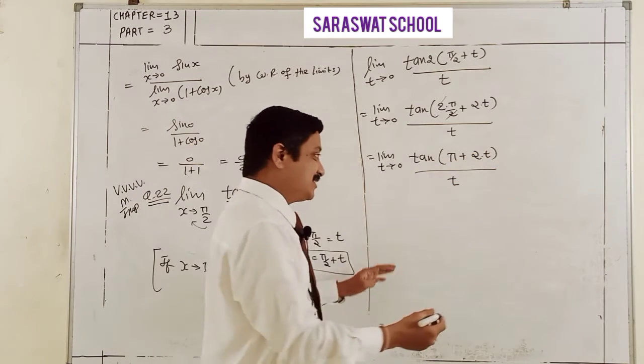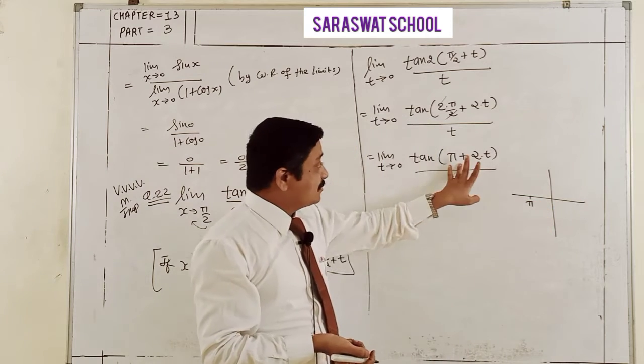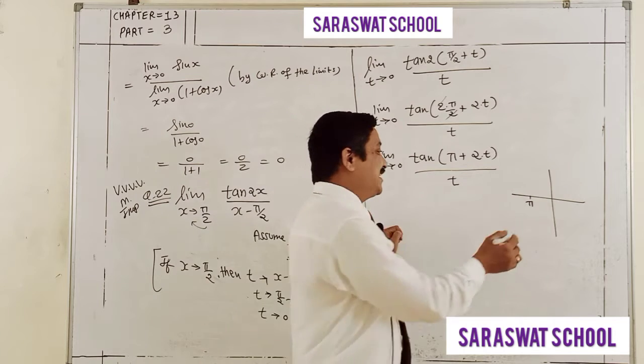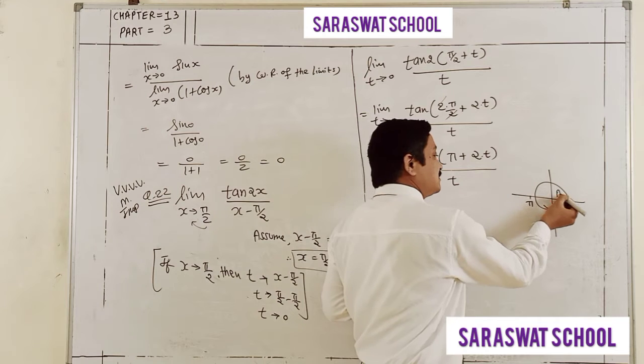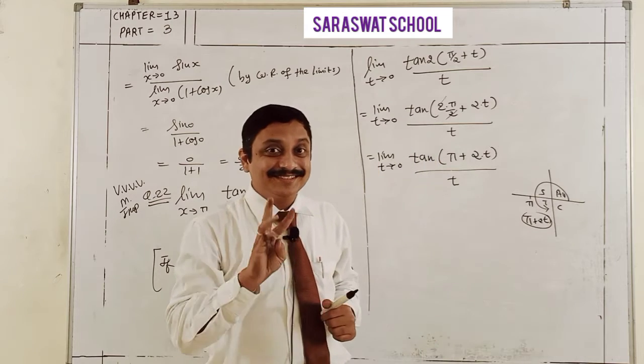Now students, wait. If pi is given and it is plus, I will convert it anti-clockwise. Anti-clockwise means going this side, and by the ASTC rule, pi plus 2t is in which quadrant? Third.